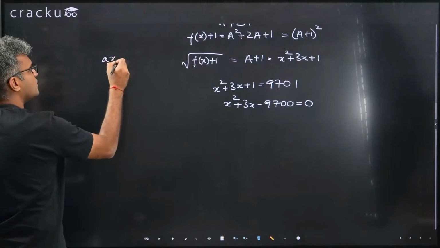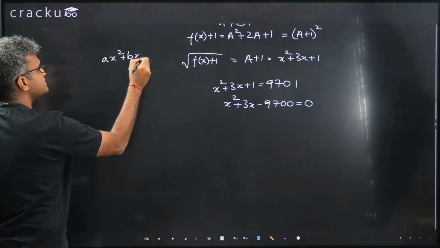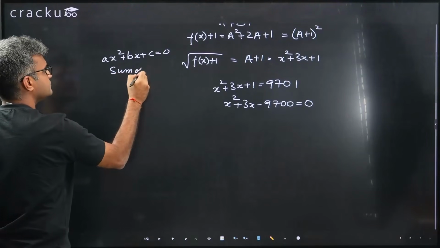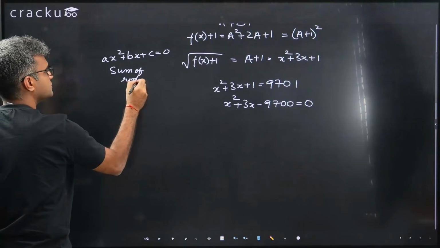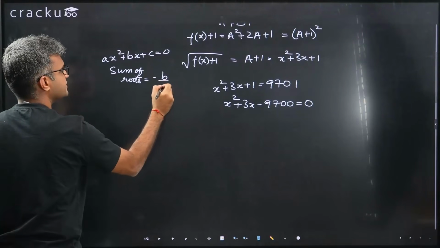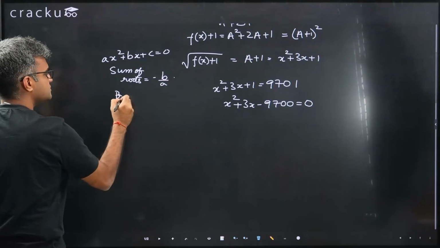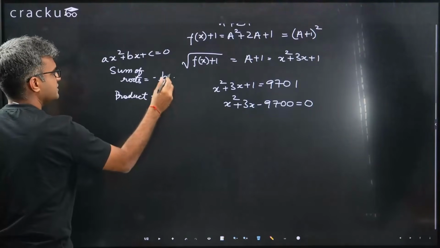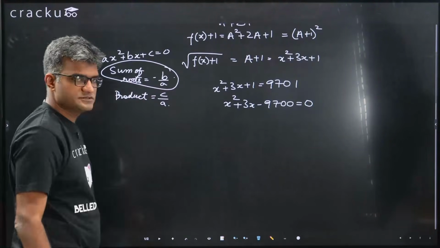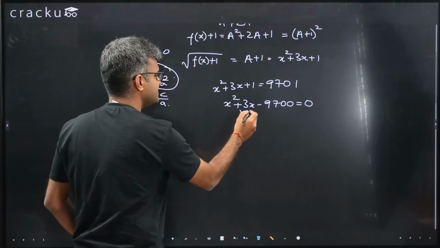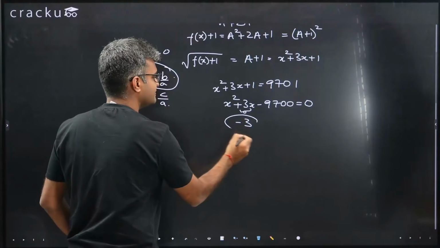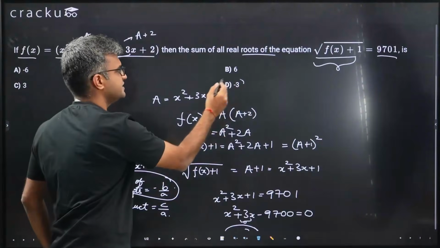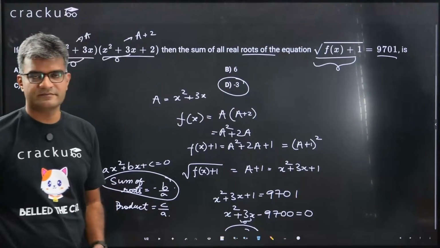In general, if you have a quadratic equation of the form ax square plus bx plus c is equal to 0, the sum of roots is equal to minus b by a, and the product of the roots is equal to c by a. Here we are asked to calculate the sum of the two roots. So the sum of the two roots will be minus 3 divided by 1, which is equal to minus 3. So the answer for this particular question is option D, which is equal to minus 3.